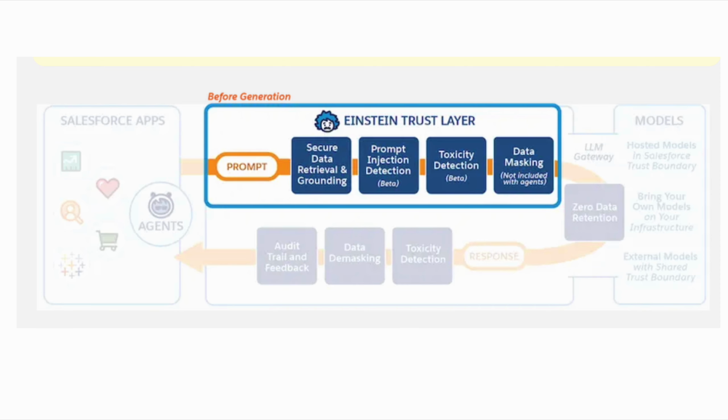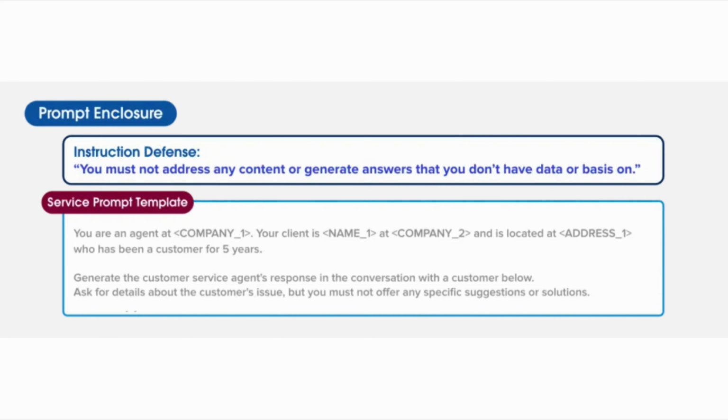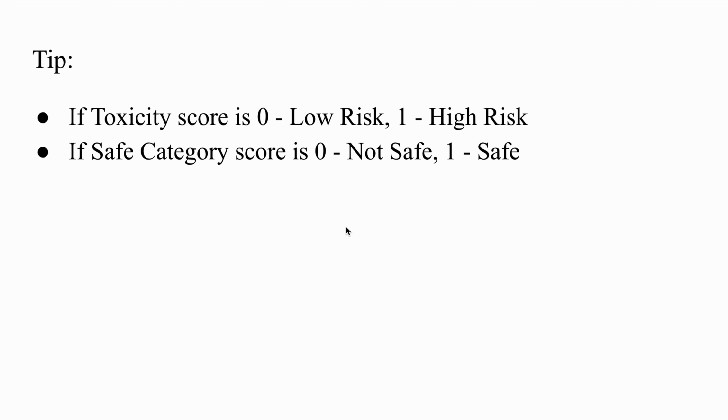If it is 0, it is very low or not toxic at all. If the value is between 0 and 1, for example 0.5, then it has a mid range of toxicity. Based on the scores, they identify whether the response generated by the LLM is toxic or not. For the safe category, it is vice versa.